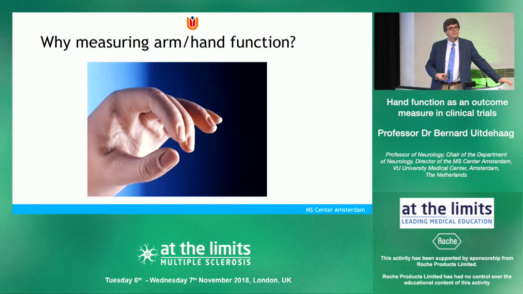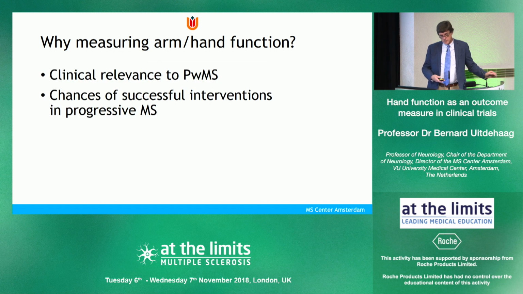If you don't have the ability to move around your arms and hands, you would have had a much more difficult time. So it is of clinical relevance for all of us, and of course also for people with MS. And the other thing is that it may be increasing your chances of a successful intervention in progressive MS trials, and I'll come to that later on.